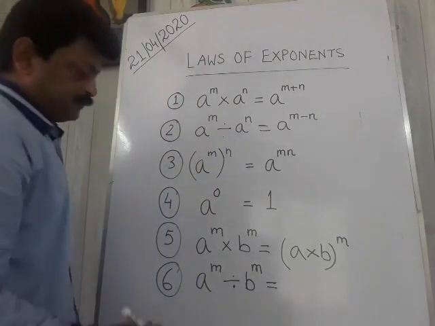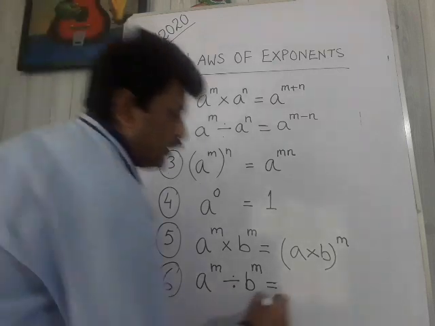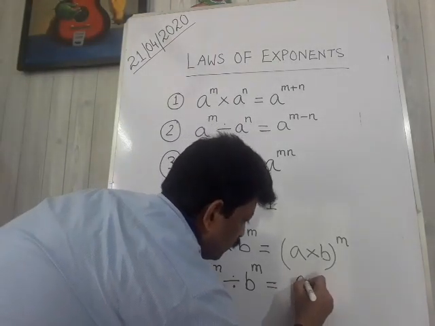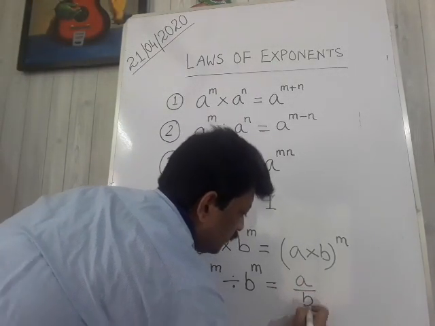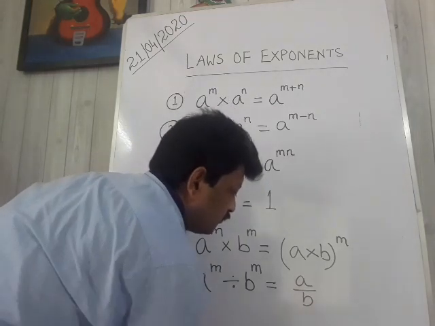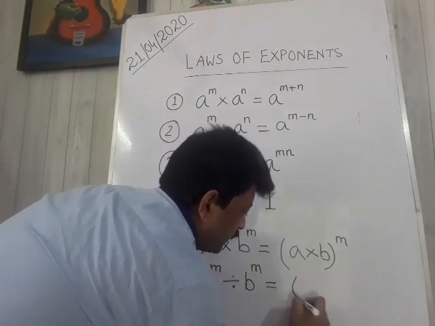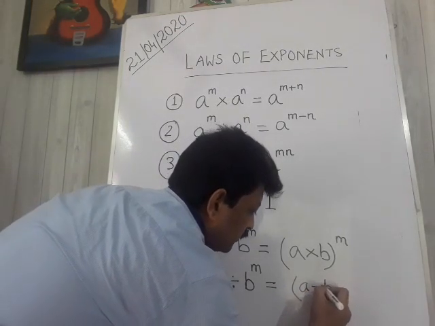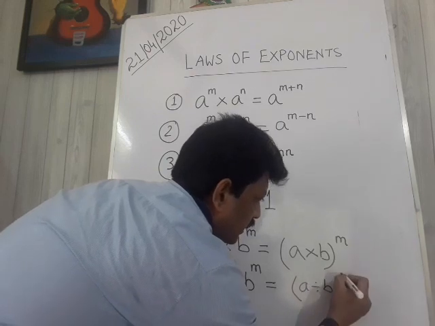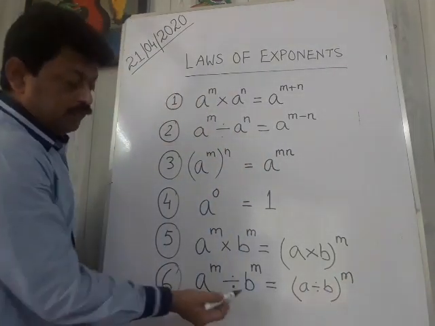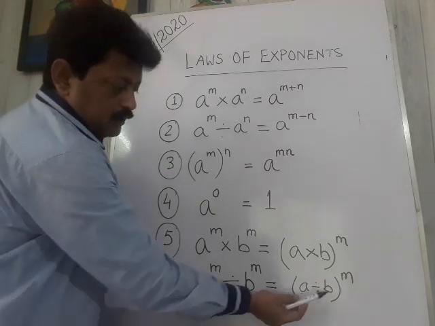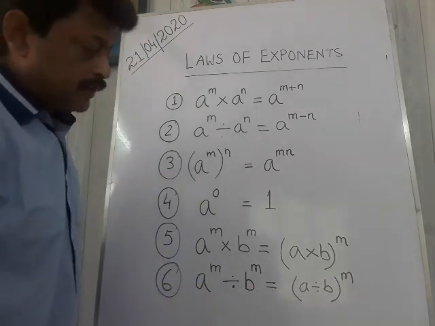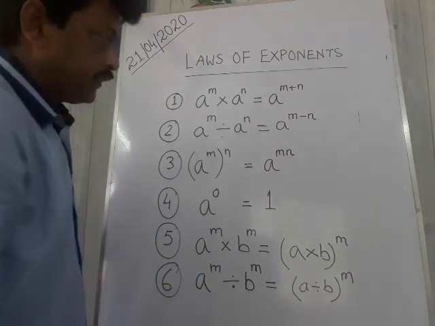In that case, a and b will be written in this form, or we can write a divided by b to the power m. Note that b cannot be 0, because a number cannot be divided by 0, it becomes undefined.